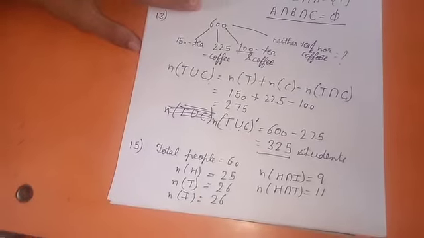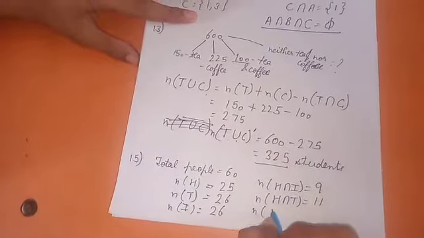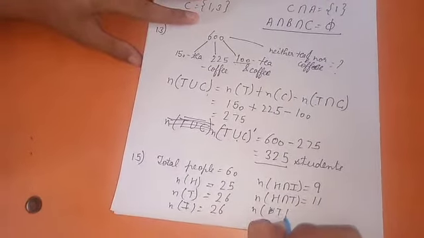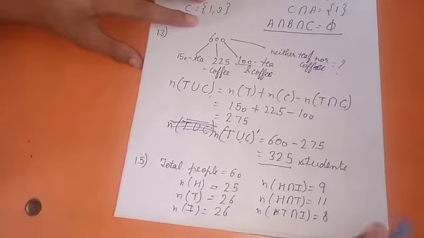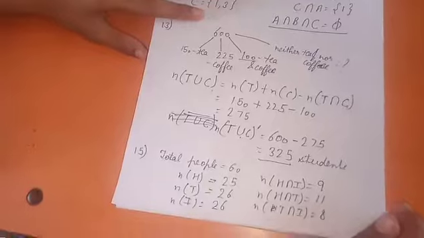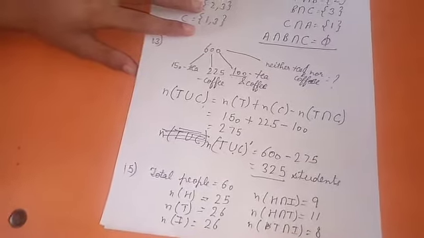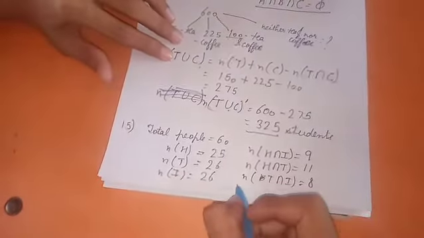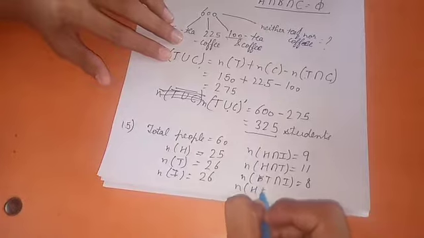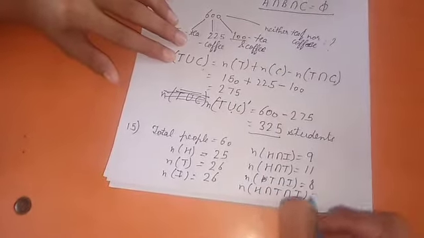And 8 read both T and I, so n of T intersection I is 8. Okay. 3 read all 3 newspapers, means n of H intersection T intersection I is given to us as 3.